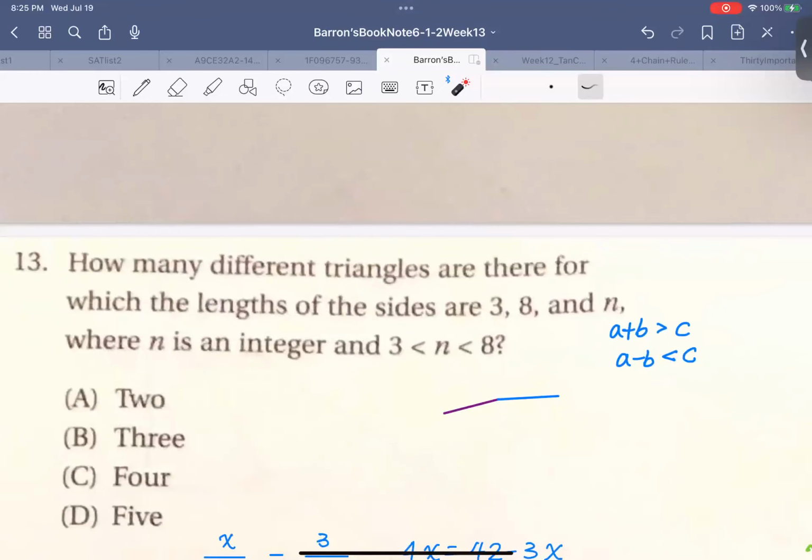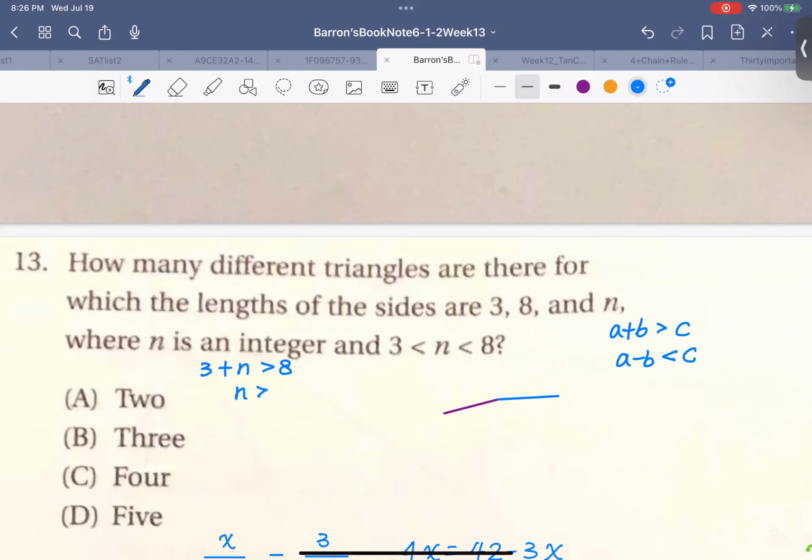If A plus B is greater than C, in this case C has to be N, because N is less than 8, so 8 is the greatest number guaranteed. So 3 will represent A, and 3 plus N has to be greater than 8. That means N can be 6 or above.